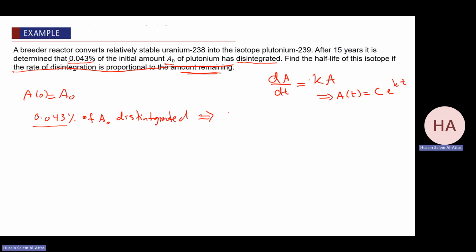So 99.957, yeah, 0.043 with 99.957 gives me 100%, which means 100% of A0 remains.